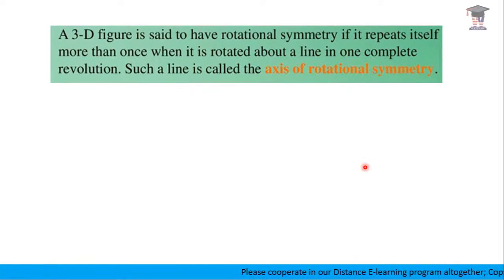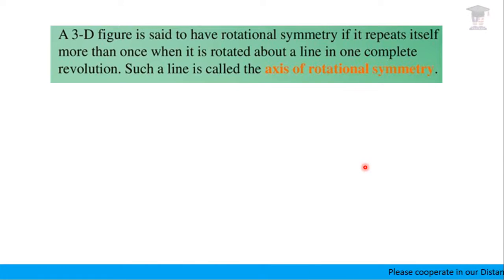Okay, so a 3-dimensional figure is said to have rotational symmetry if it repeats itself more than once when it is rotated about a line in one complete revolution. Such a line is called the axis of rotational symmetry.